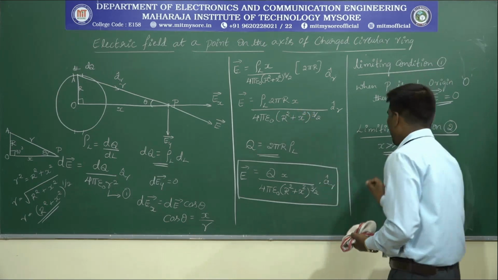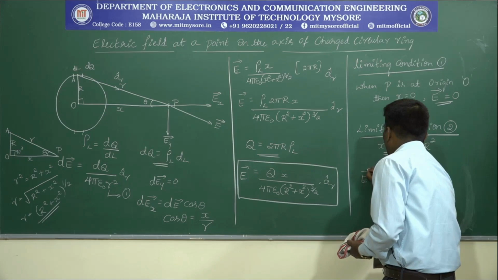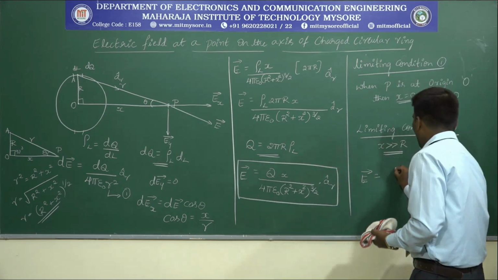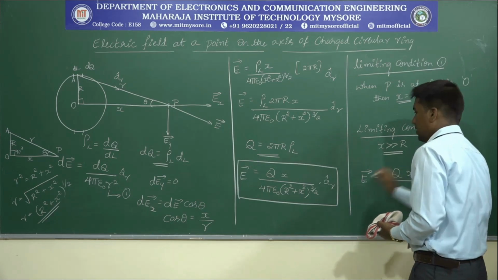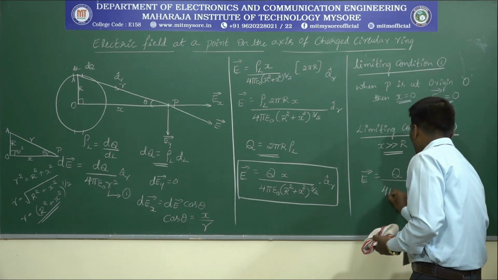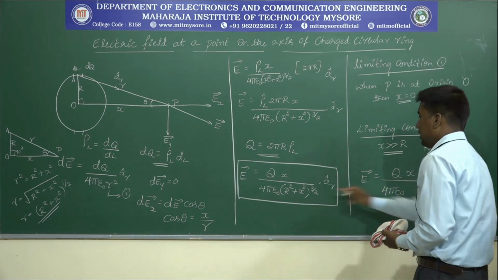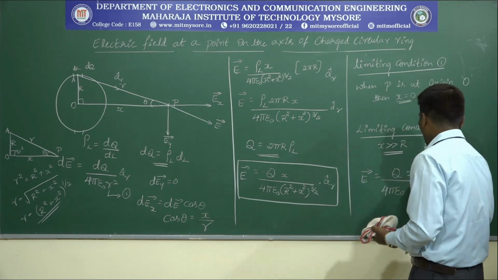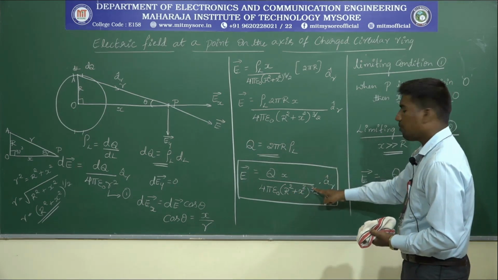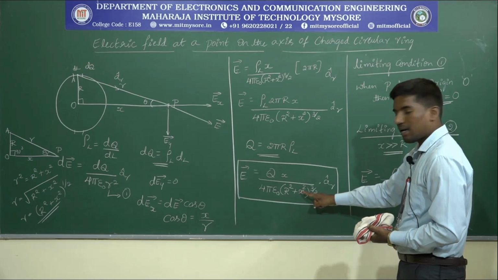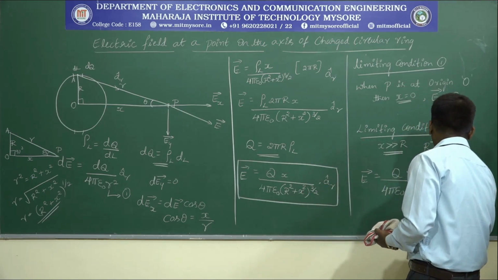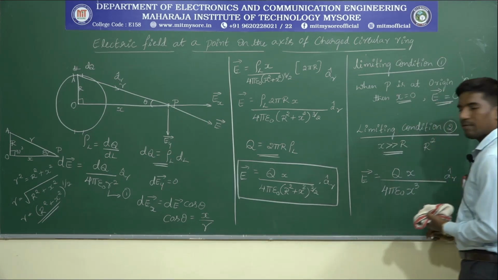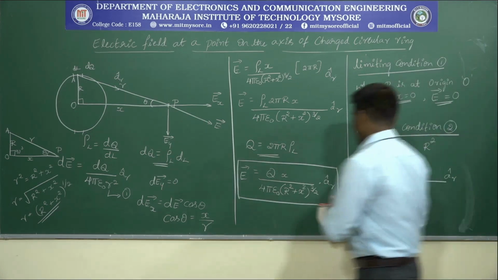So the total electric field intensity E becomes Q divided by 4 pi epsilon naught, neglect r square, we are left with x square whole power 3 by 2. The 2 gets cancelled, x cube, into x cube into a cap r. This is what we are going to get.